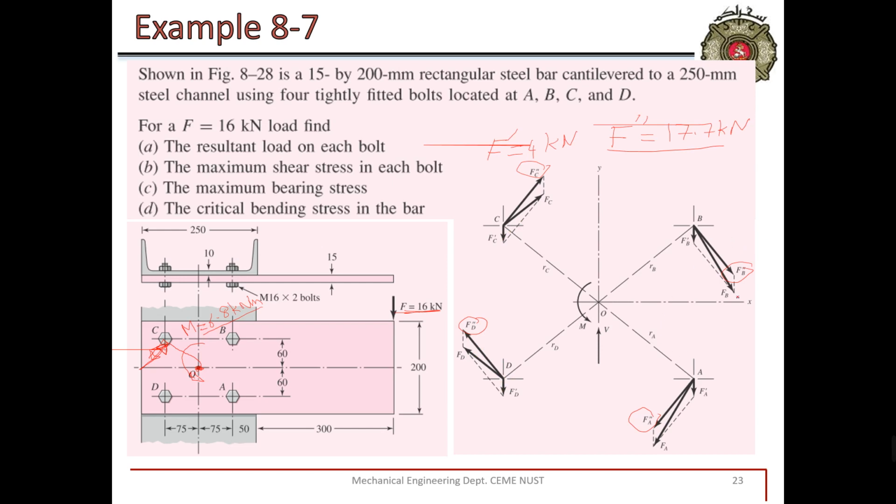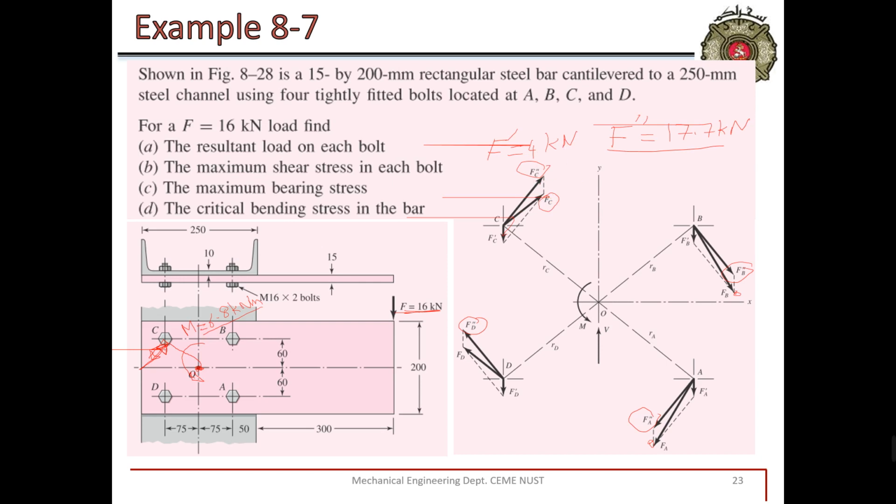But in case of A and B, the two are in similar direction, so the final magnitude is higher in case of A and B, and lesser in case of C and D. So if you calculate with magnitude of 17.7 and 4, and using trigonometry because we have angle as well, we can check the resultant magnitude of force acting on each bolt.